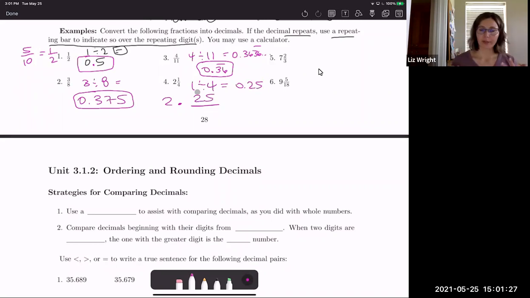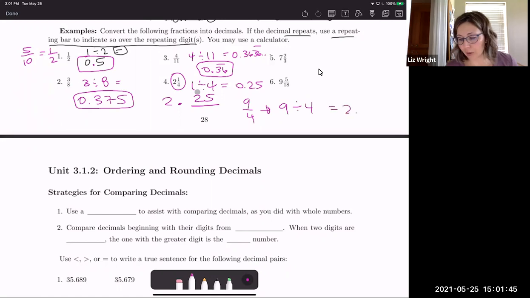Here's another way to do this. Some students have asked me, can't I just change this into an improper fraction and then divide it? So could I do 4 times 2 is 8 plus 1 is 9, and that's 9 divided by 4. Can I just do in my calculator 9 divided by 4? Absolutely. You'll get 2.25 for your answer. So you could do either one of those options.